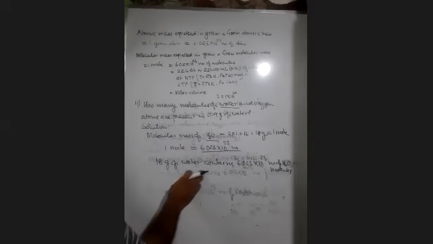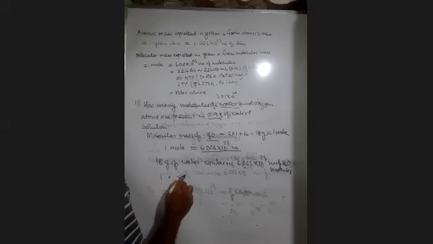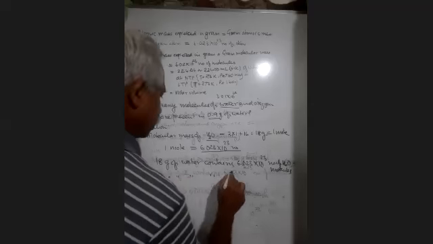So this is the way I have found out this molecular mass. Okay. So now 18 gram of water contains this many water molecules. How much is being given to us? 0.9. So as it is the unitary method, I'll write like this. 1 gram of water contains how much?